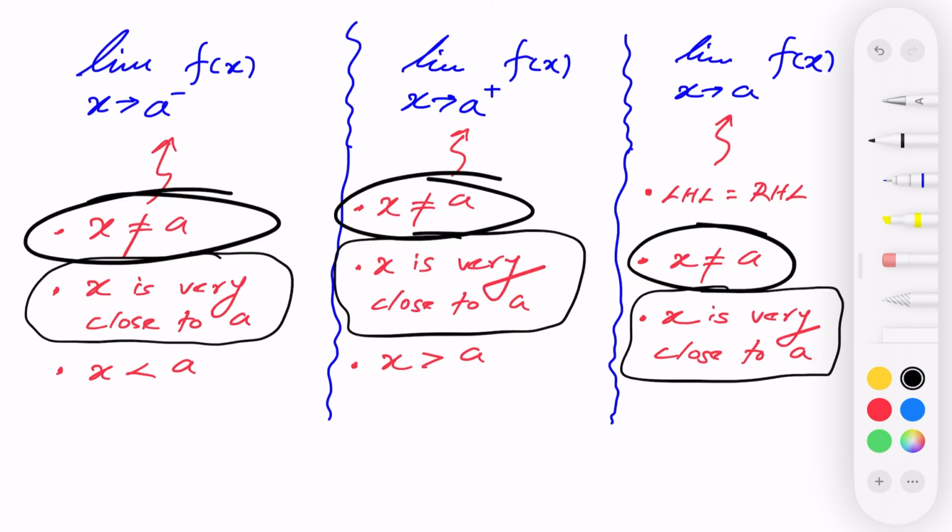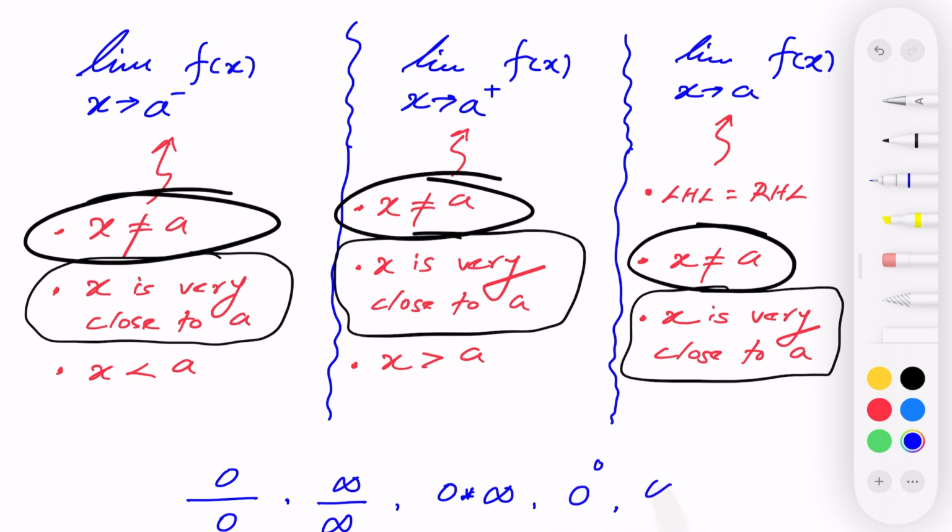When you directly substitute x equals a in the function f of x, if it leads to one of the undefined forms, what are the undefined forms? Such as 0 divided by 0, or maybe infinity divided by infinity, maybe 0 times infinity, maybe 0 raised to the 0th power, maybe infinity raised to the 0th power.